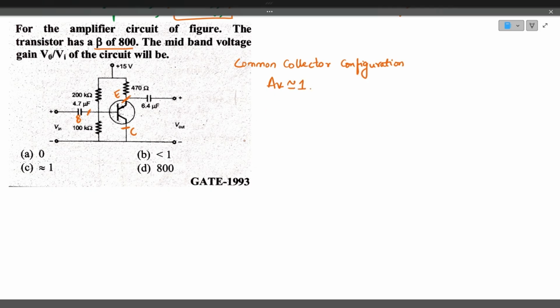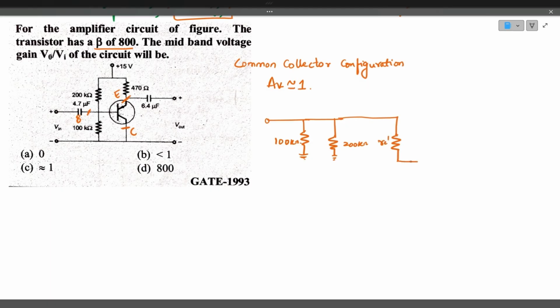We'll just draw the circuit and see the equivalent circuit. This is the equivalent circuit. The 100 kilo ohms and 200 kilo ohms come in parallel in the AC load line analysis. So there will be a small input resistance, emitter model resistance here.